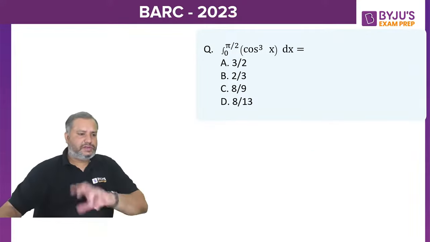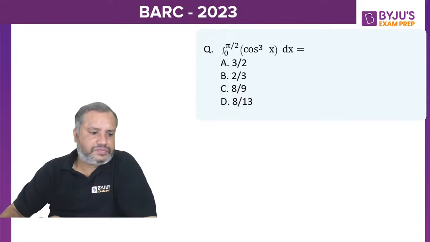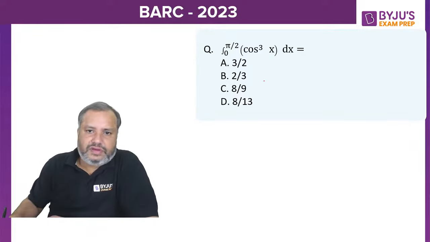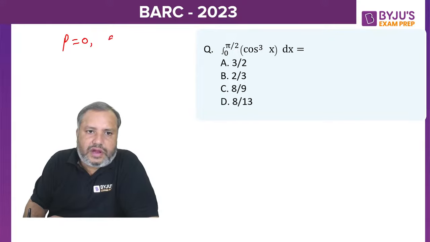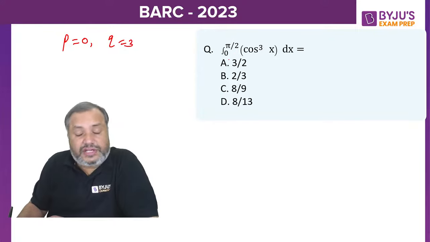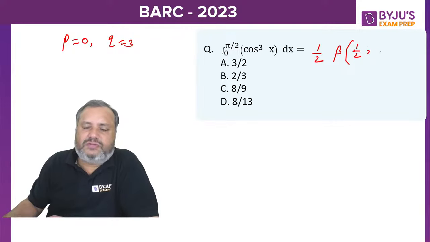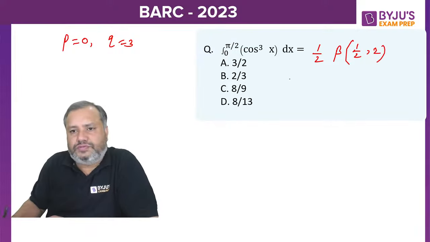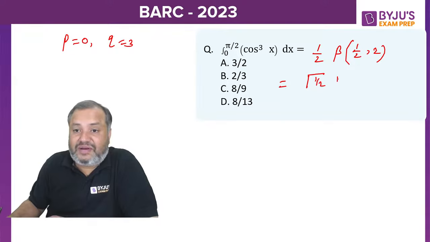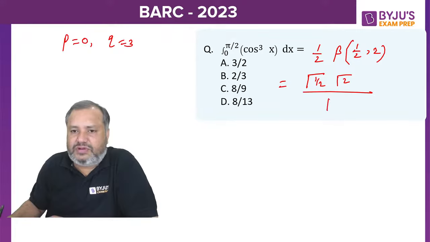How to solve this? Similar question. Here P is 0 and Q is 3. Limit should be 0 to pi by 2 to apply that rule. 1 by 2 beta function of P plus 1 by 2, Q plus 1 by 2. 3 plus 1 is 4, 4 by 2 is 2. Gamma 1 by 2, gamma 2 upon gamma of the addition of these two, 5 by 2.